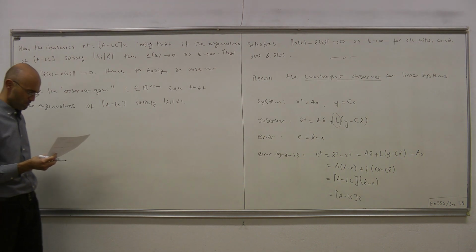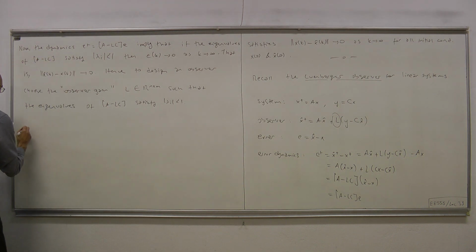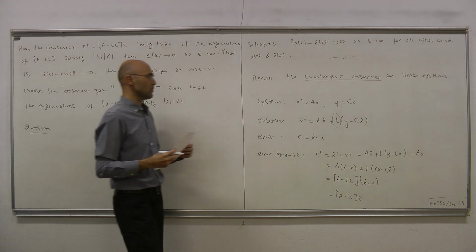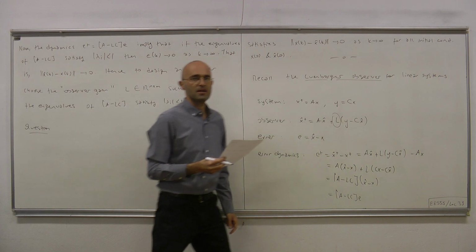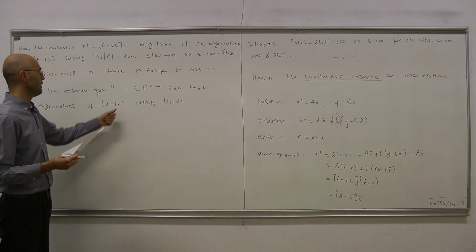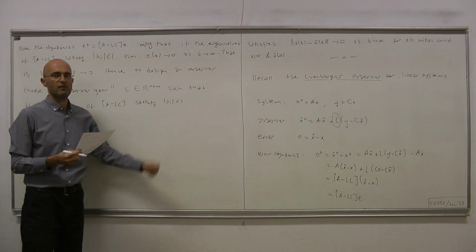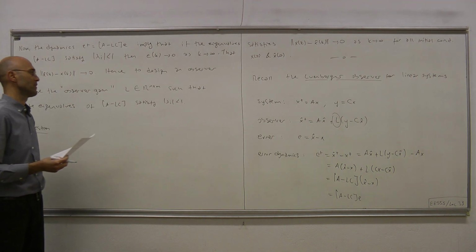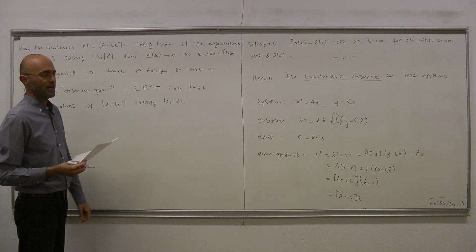Okay. Now the question, of course, is under what conditions on the system parameters A and C we can find an L such that the eigenvalues are with strictly less than unity magnitudes.